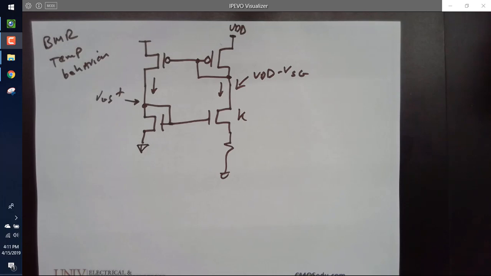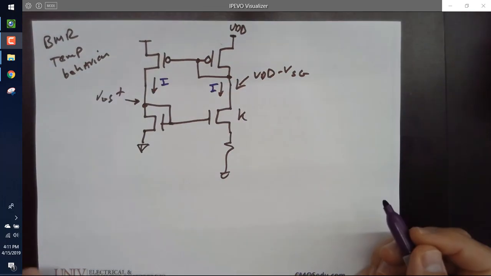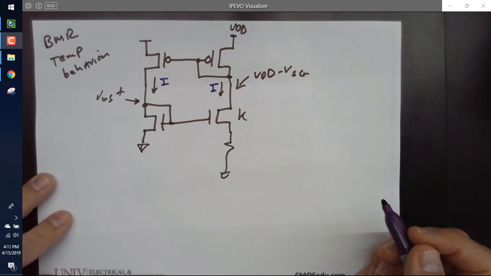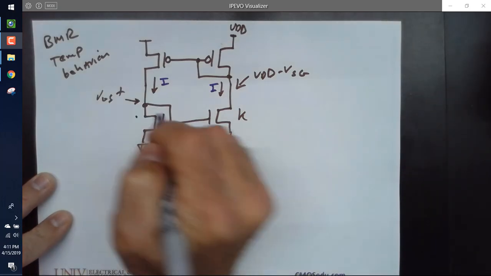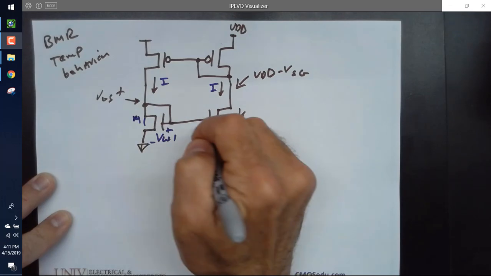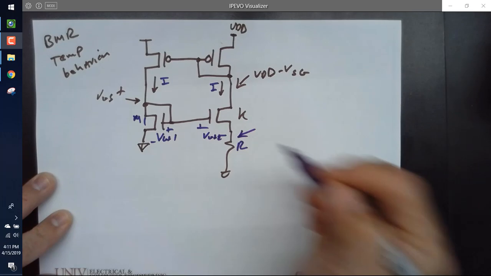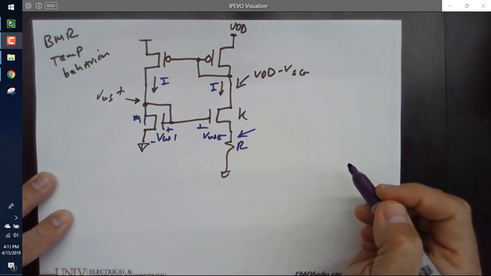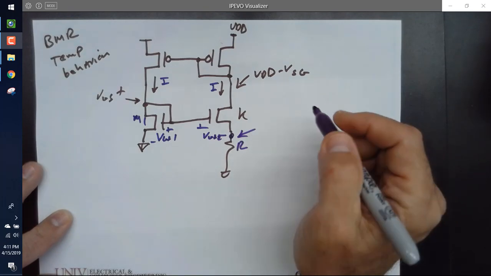Because this is one of my favorite quiz and test questions, let's real quickly rederive the current that flows, I. Tell me how to do that. So what's this voltage here that I have?